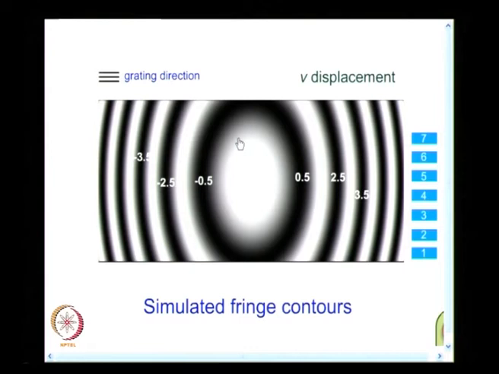There are also methods where they combine and try to get more than one piece of information in one go. When we look at Moire, we will find out how you can get both u and v displacement simultaneously. And what you should keep in mind is, if I get two pieces of information together, it is always a nuisance.